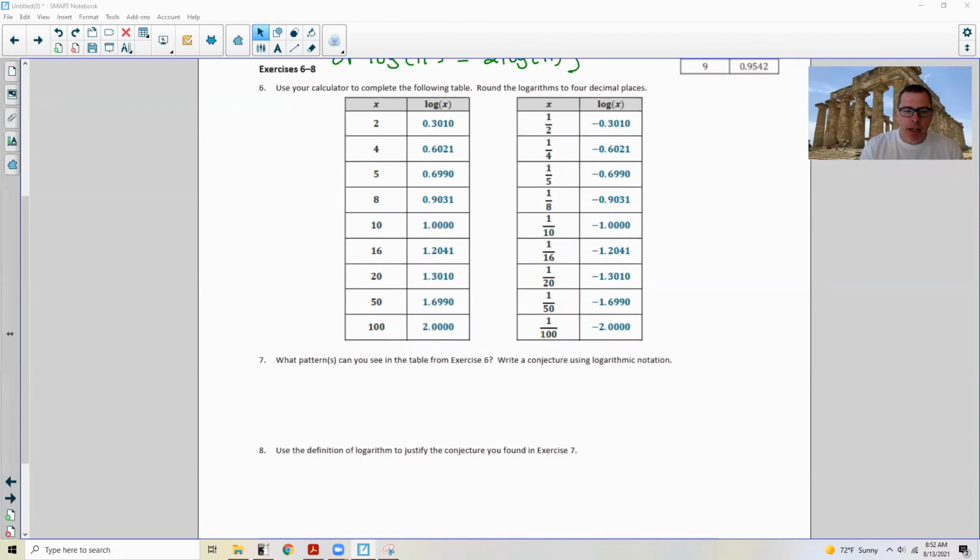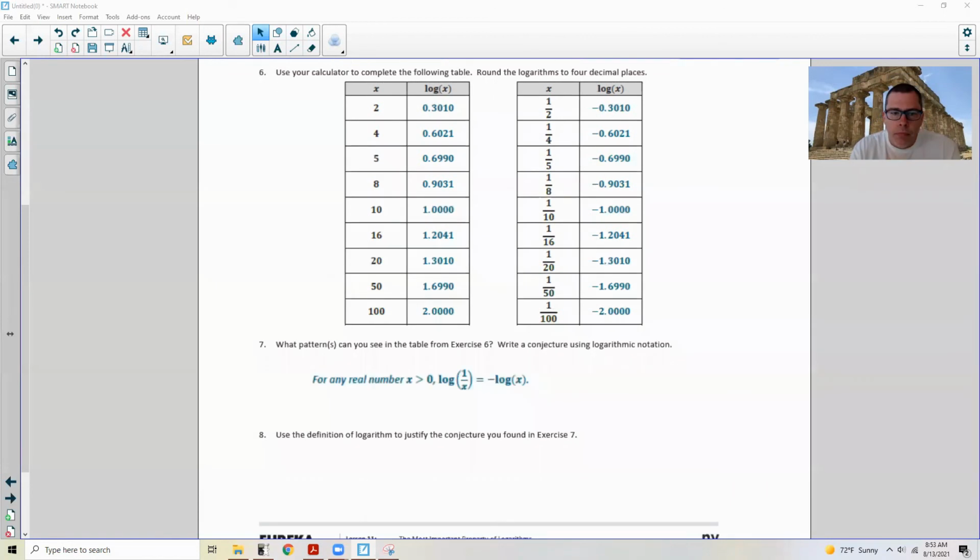So number 7 says, what patterns can you see in the table from exercise 6? Write a conjecture using logarithmic notation. Okay, so what you should say is for any real number x greater than 0, okay, they have to be positive, the log of 1 over x equals the negative of the log of the original x.